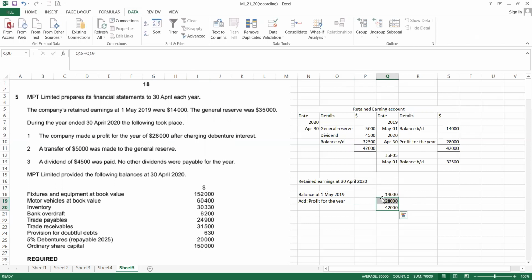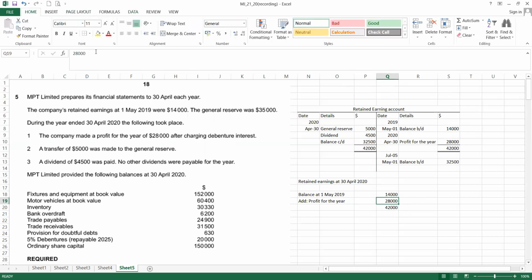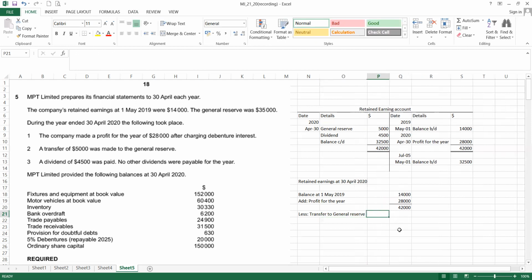After that, the transfer to general reserve. Not enough space, I need to add a little bit. The transfer is 5,000. And during the year, there is a payment of dividend, which is 4,500. So less these two amounts.